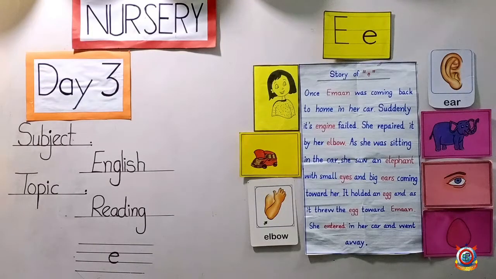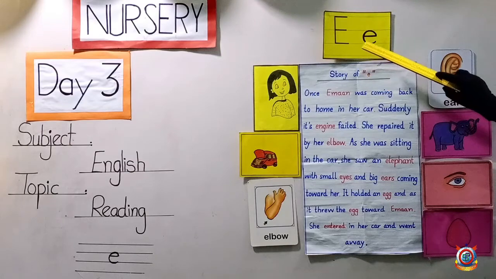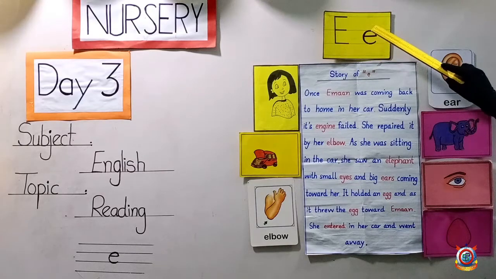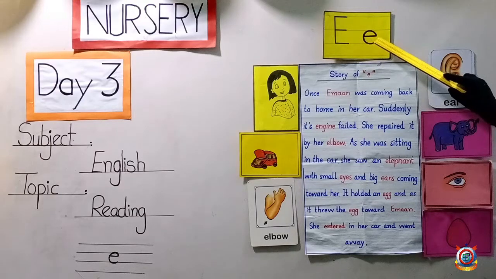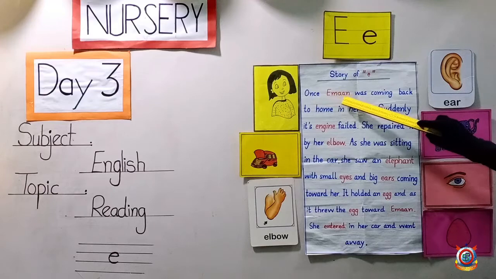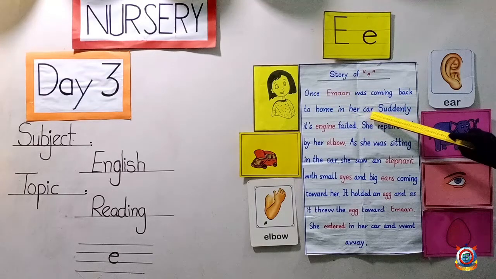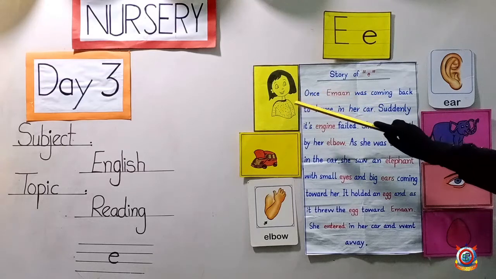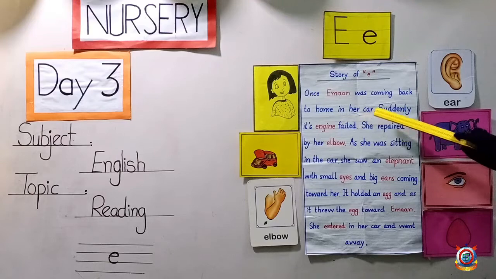Okay students, now moving toward the story. Story of E. Once Iman was coming back to home in her car.